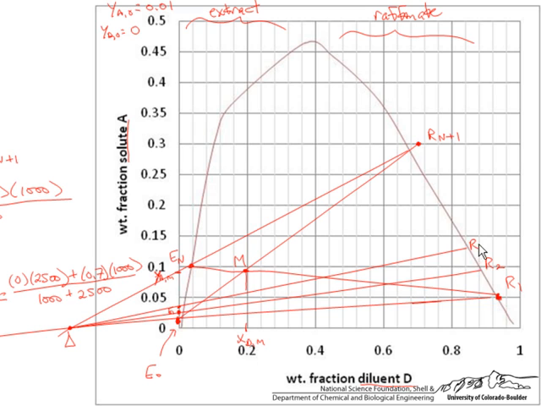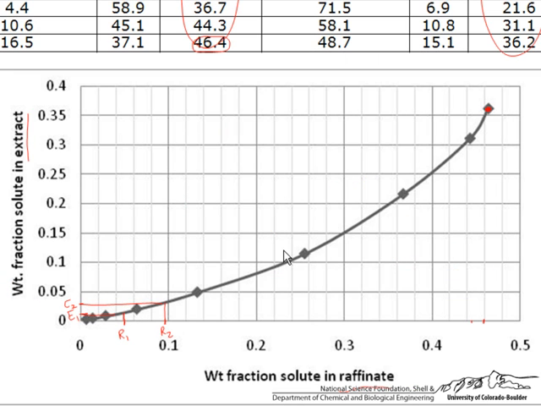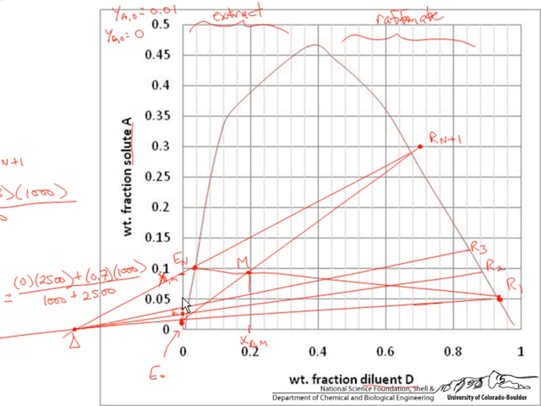This is R3. R3 is at about 0.013. So we'll do 0.013, which is right here. So this is R3, and maybe that gives us E3 as just a little bit above 0.05. So this is E3 above here. We'll use the difference point to get R4.